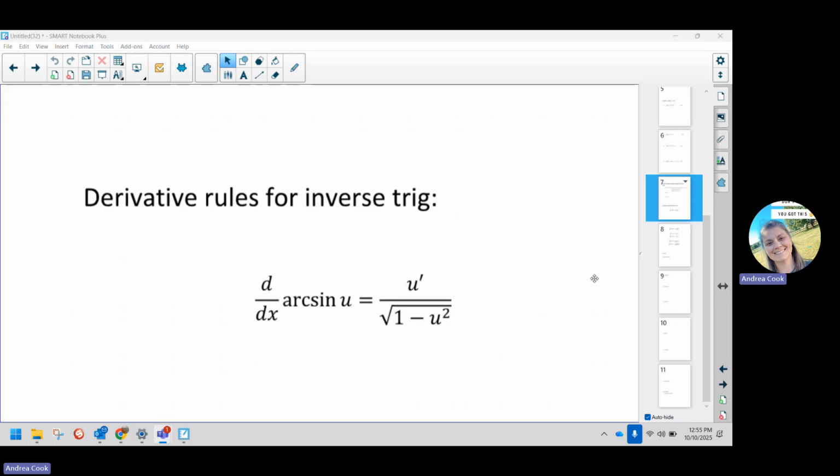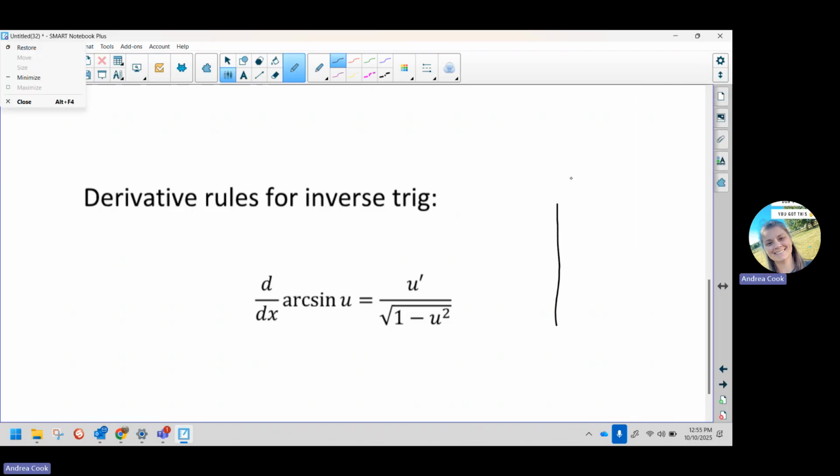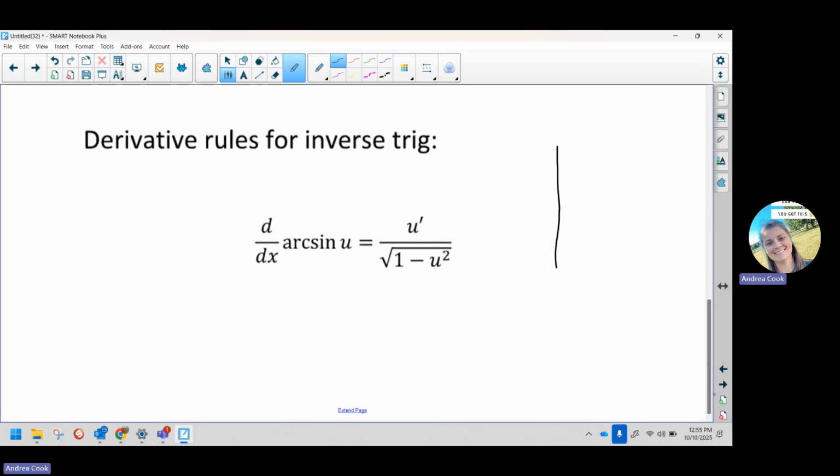All right, so our first derivative rule for inverse trig is arc sine. The derivative of arc sine is u prime, so this is u.